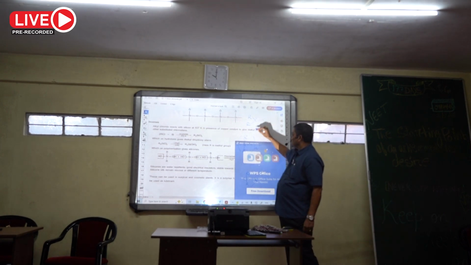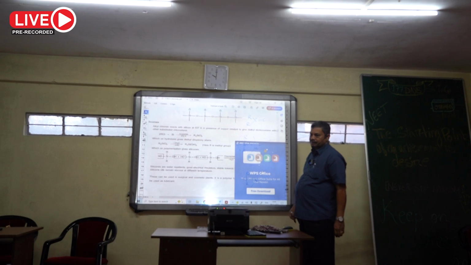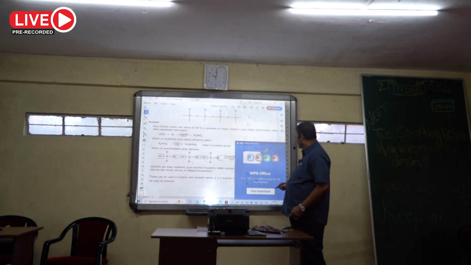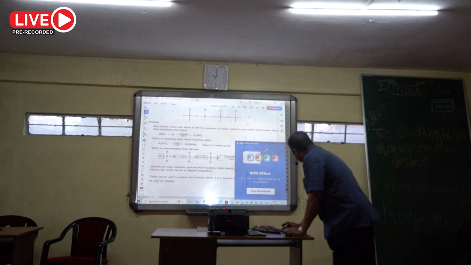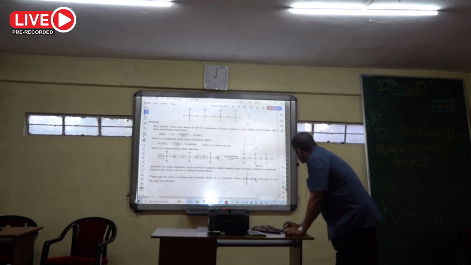So instead of C, here silicon is there. This is normal ketone, this is silicone.